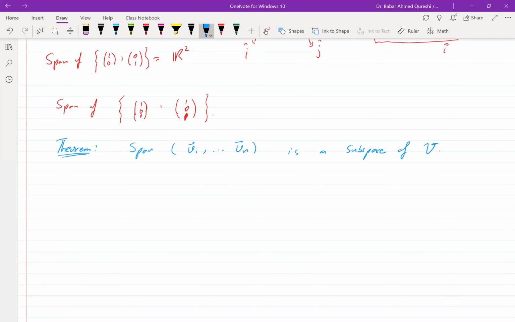So what you need to do is pick any two objects from the span. How do you tell if the span is a vector space? You pick any two arbitrary objects and check if their linear combination is back in the span.